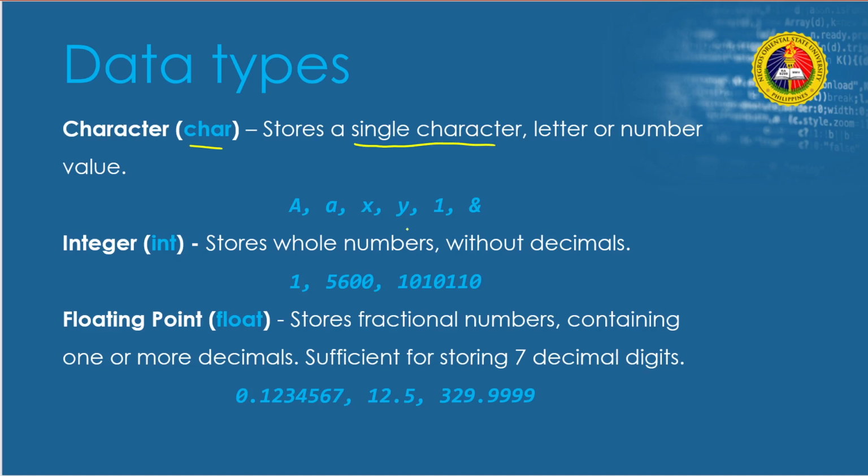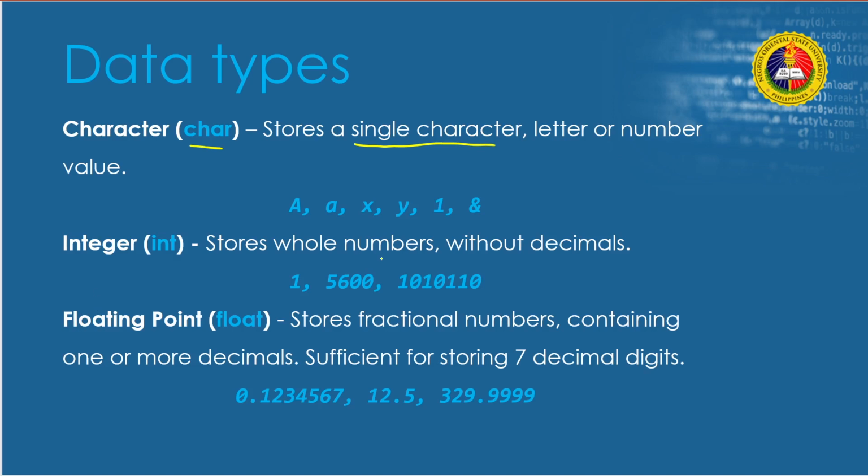So, single character, letter or number value, we will use char. It could be either capital letter A, small letter a, X, Y, 1, and any other symbol, so long as it's only one. Remember, char will only store any data that is only one.